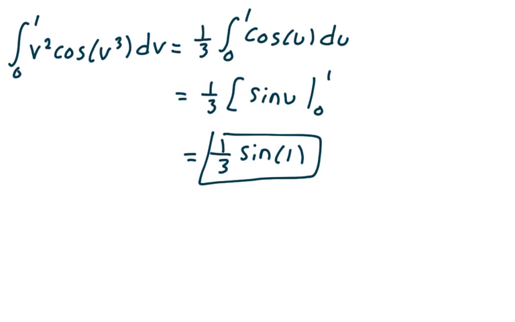The integral from 0 to 1 of v squared cosine of v cubed dv is 1/3 the integral from 0 to 1 of cosine u du, which is 1/3 sine of u evaluated from 0 to 1. So the correct answer here is 1/3 sine of 1.